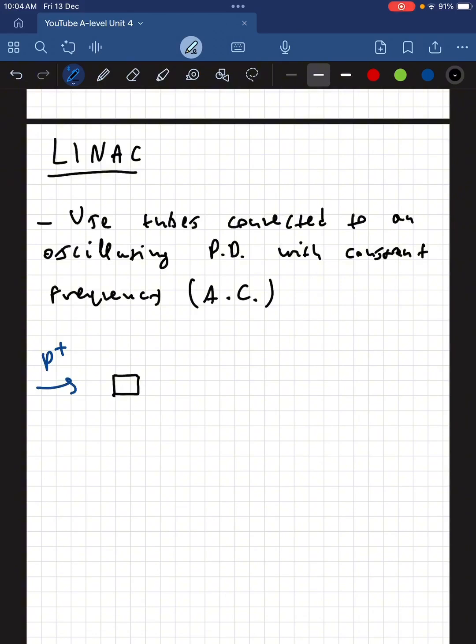Now, this is the first tube, okay? It's a hollow tube and protons can pass through this tube. And let's say that this is the second tube, the third tube, and you can imagine a fourth tube, etc. Each tube is progressively larger than the previous one.